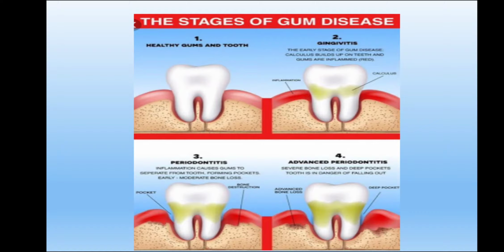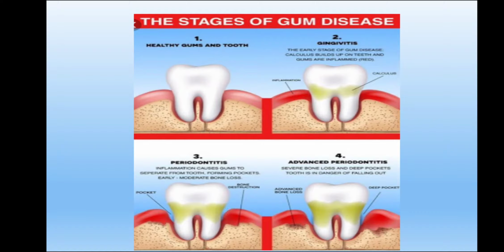Itis stands for inflammation. So, periodontitis is the third diagram. Here, the inflammation caused to the gums separates the gums from the tooth. So, it irritates the gum to such an extent that they separate from the tooth, forming pockets. Also, early to moderate bone loss is seen in this condition.